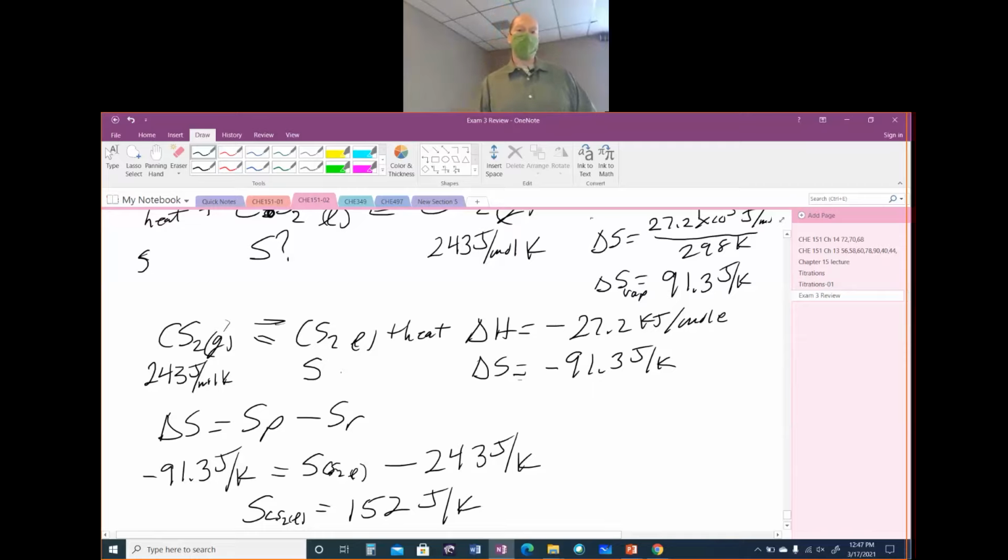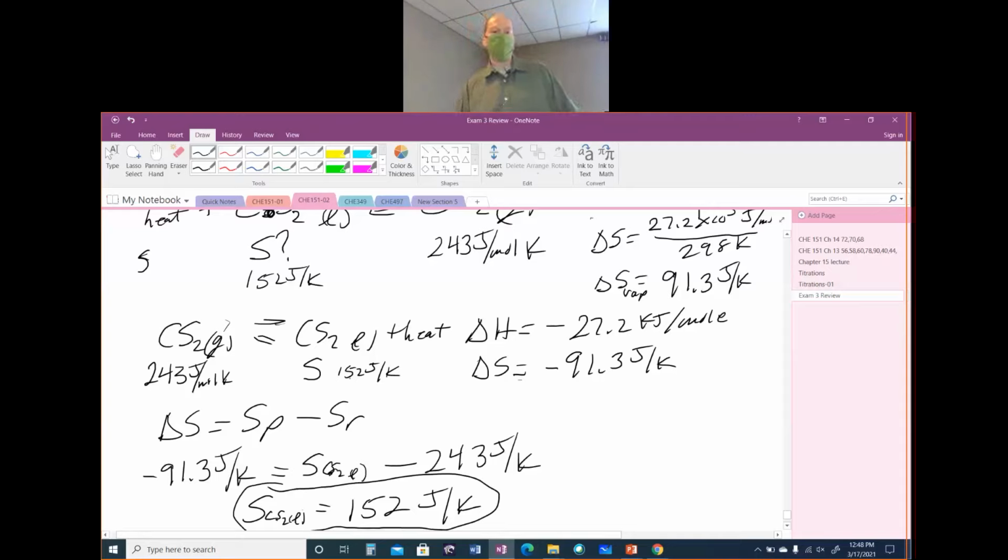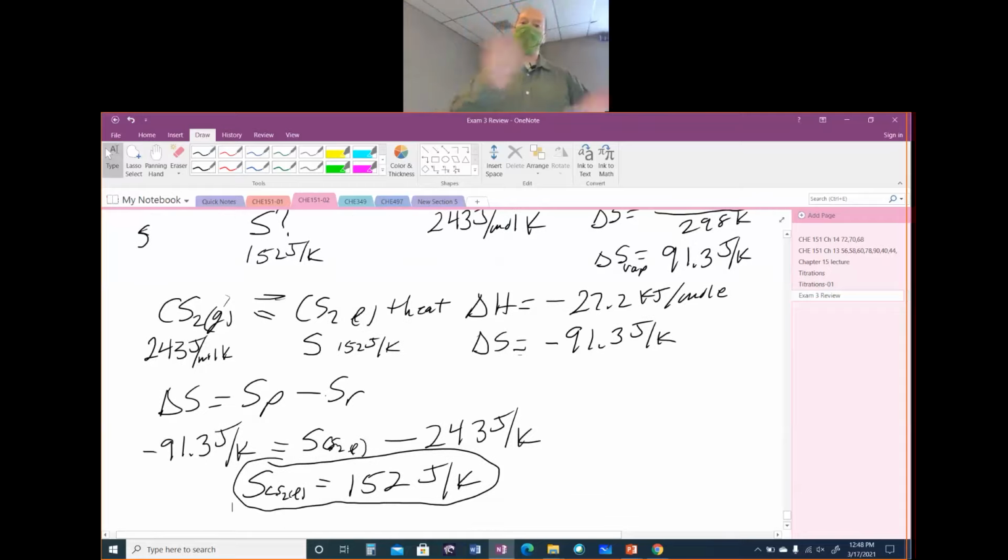If you do products minus reactants up here, you would get the exact same answer, 152 joules per Kelvin. But the question said you have a gas going to a liquid. It doesn't matter. Your S values are the same. The only difference is your products and reactants, so you would have the opposite sign.